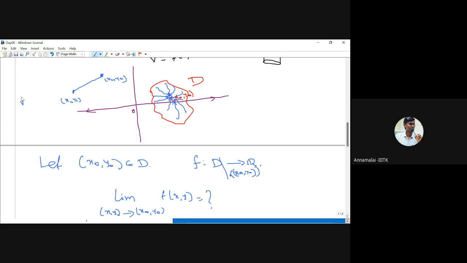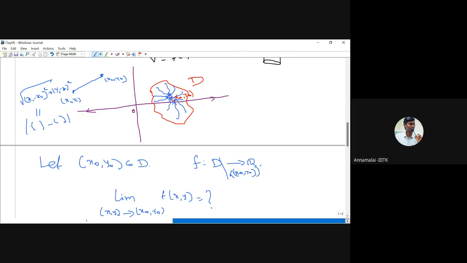We know the norm is the square root of x1 minus x2 whole square plus y1 minus y2 whole square. Okay, so this is the distance between these two points. So distance means the modulus of x1 comma y1 minus x2 comma y2.